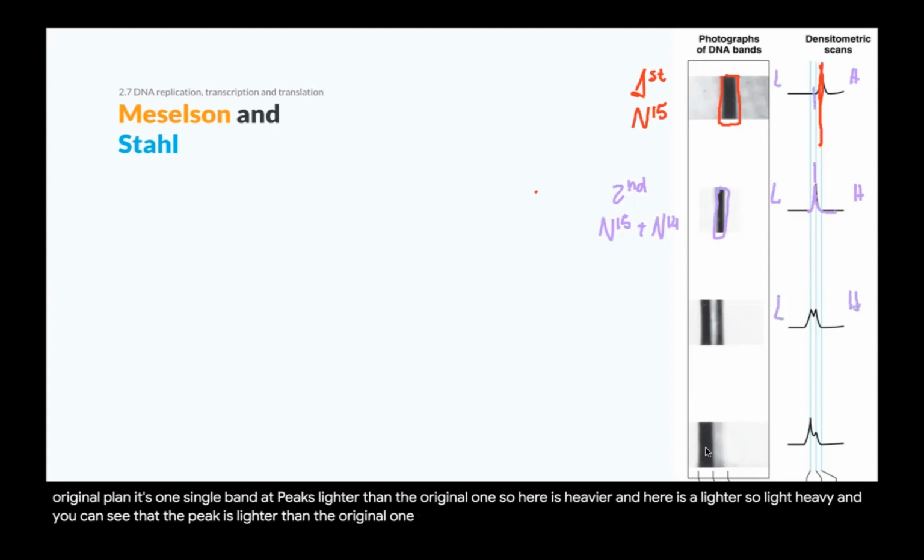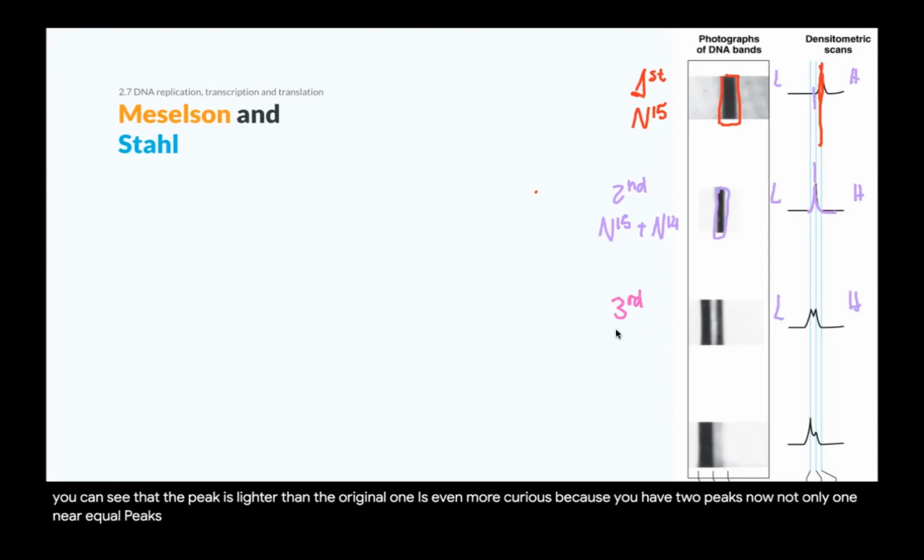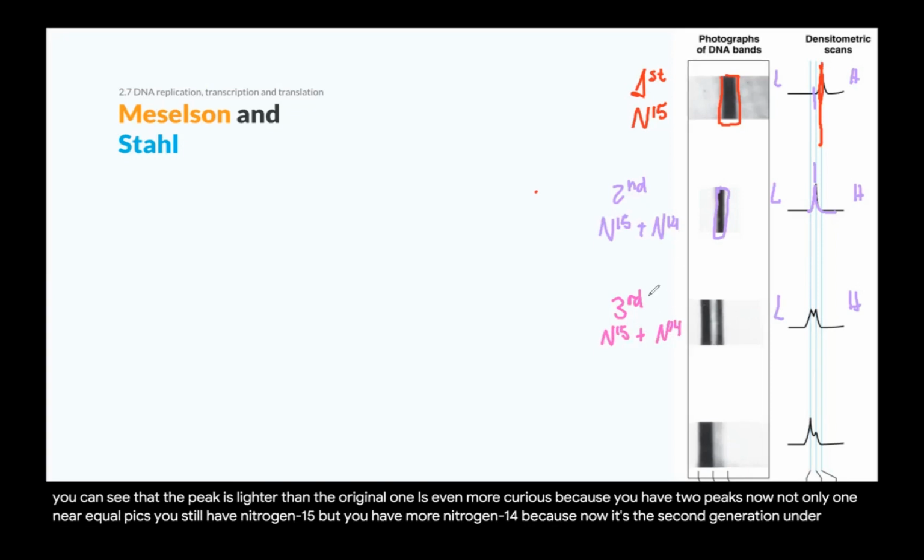The third generation is even more curious because you have two peaks now, not only one. They're equal peaks. You still have nitrogen 15, but you have more nitrogen 14 because now it's the second generation under nitrogen 14.